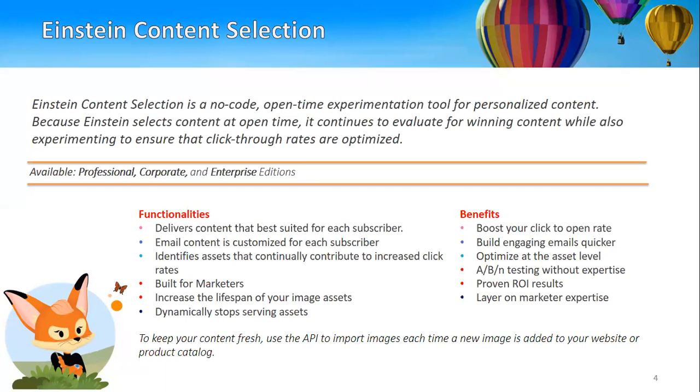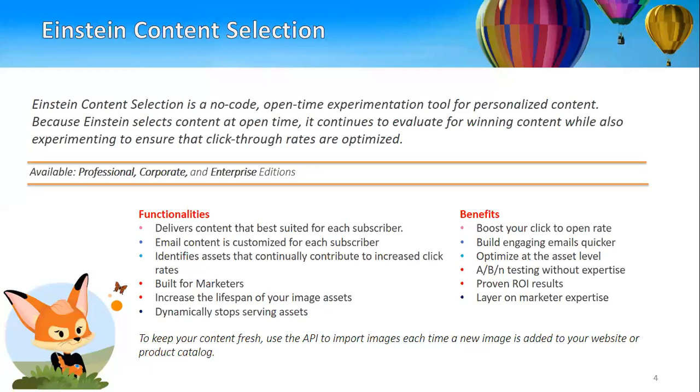Einstein only stops serving these images once they have expired or have been excluded from a certain group, without any need for manual intervention. So finally, Einstein content selection provides content level analytics to inform future strategy. So that is the functionalities involved in Einstein content selection.